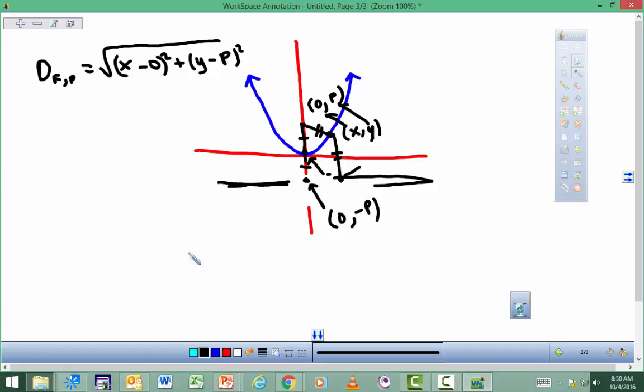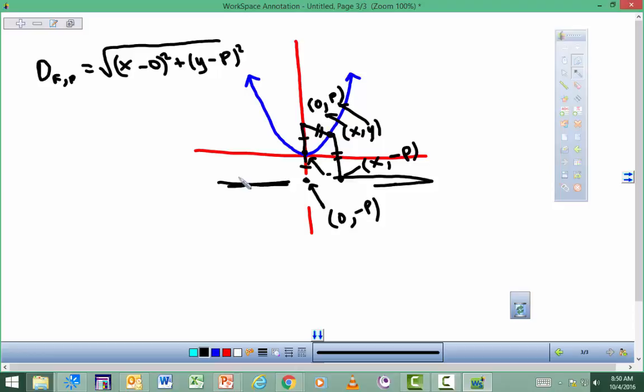The y coordinate would always be negative p, and the x coordinate would be whatever, so I'd have x, negative p here. That would be the coordinates if I picked an arbitrary point on this line. And so this is quite fascinating. Watch what happens.